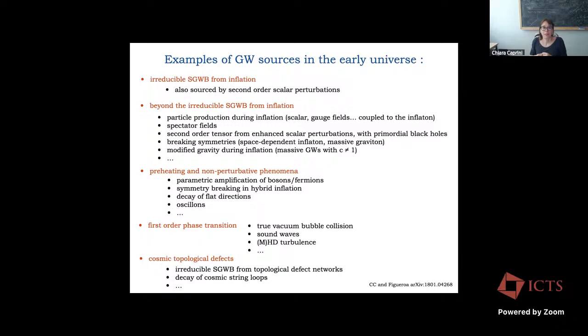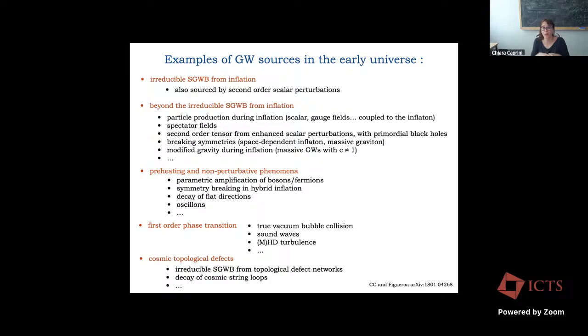There is also a lot of literature about breaking some symmetries during inflation, so having a space-dependent inflaton, or assuming that the graviton is massive during inflation and then becomes massless once inflation has ended. And one can also consider the possibility that the gravitational interaction is modified during inflation.